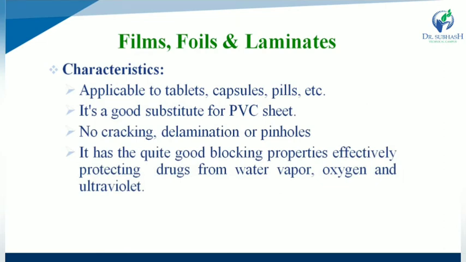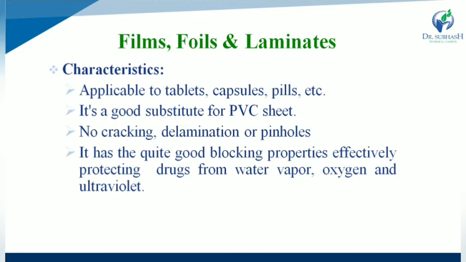Next one, film, foils and laminates. The characteristics of film, foils and laminates are that they are applicable to tablets, capsules, pills, etc. And it's a good substitute for polyvinyl chloride sheet.